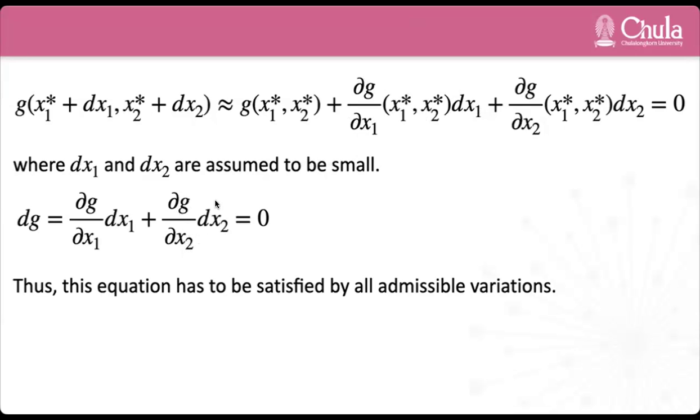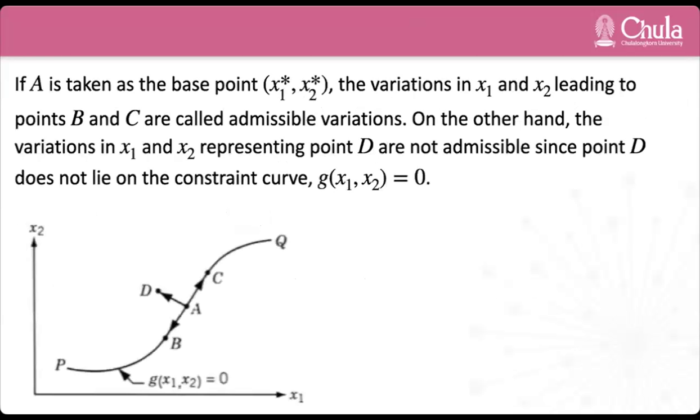This is the variation dg, and dg must be zero. Very simple. So this equation has to be satisfied, it must hold for all feasible regions, all admissible variations. You change to any place, x1, x2 must hold this equation.